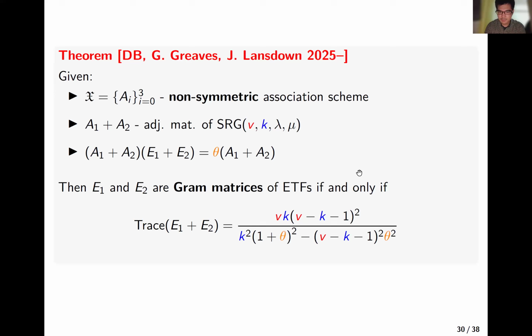This situation becomes particularly nice when A1 plus A2 is the adjacency matrix of a certain kind of strongly regular graph. And that's what we'll focus on.